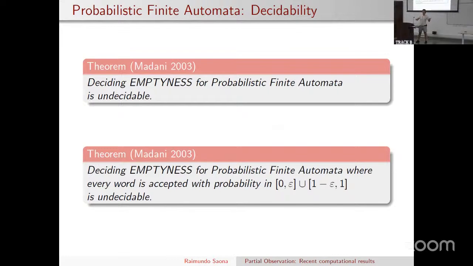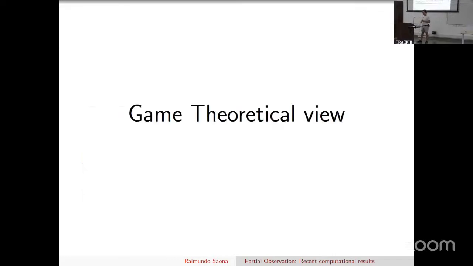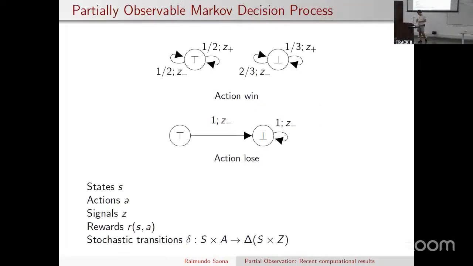What do we do? Do we look into subclasses? Do we look into the structure of the graphs? I take a different approach. I work in game theory, workshop on games. Let's see what games can say about this. I'm going to extend the model slightly. Now, there is no automaton. I have players, or one player.